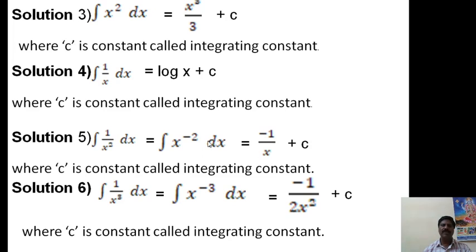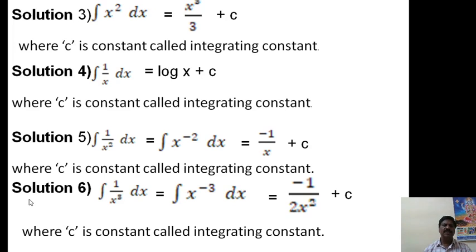Minus 2 plus 1 means minus 1, so we get x to the power of minus 1 divided by minus 1. The minus sign comes out, and x to the power of minus 1 can be written below as the denominator. Therefore minus 1 by x plus c is the answer, where c is again the integrating constant.